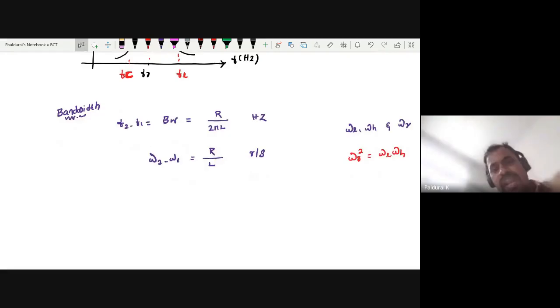Then we discussed variation of series resonance circuit.